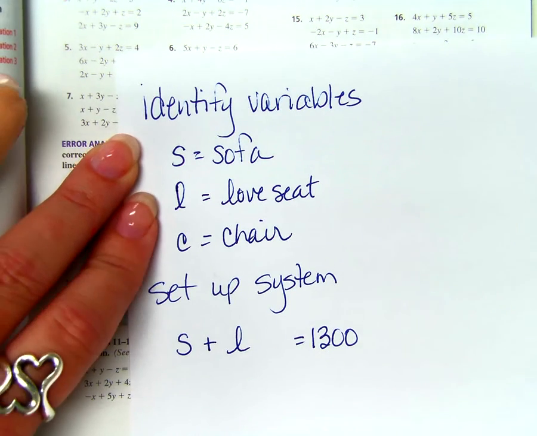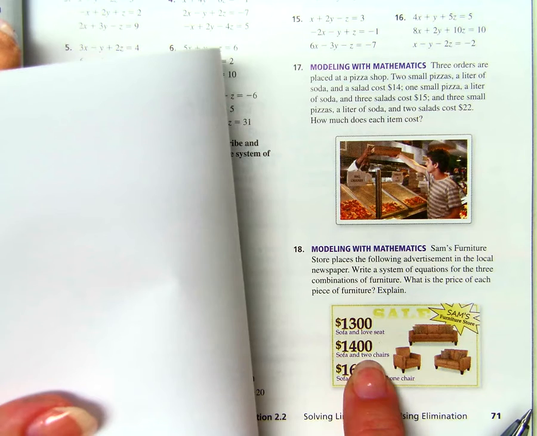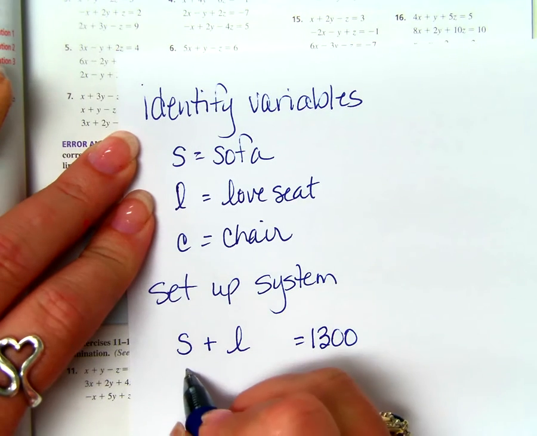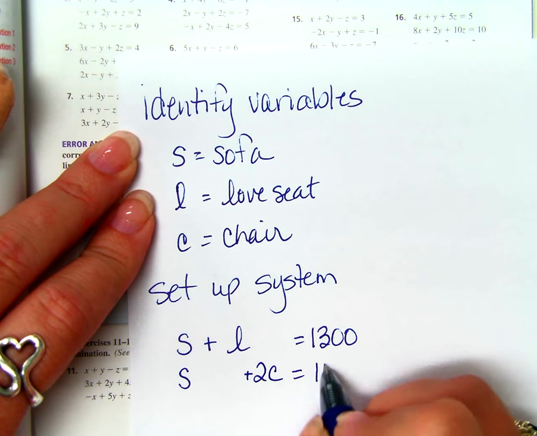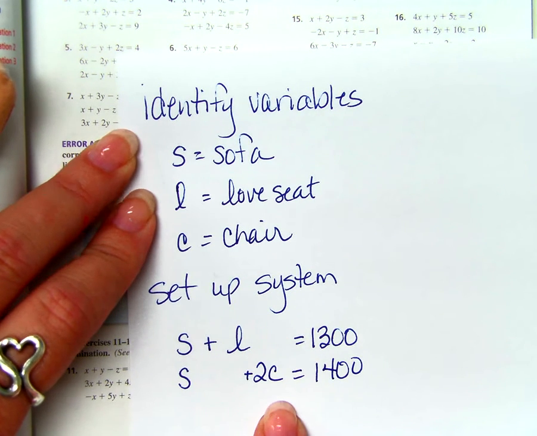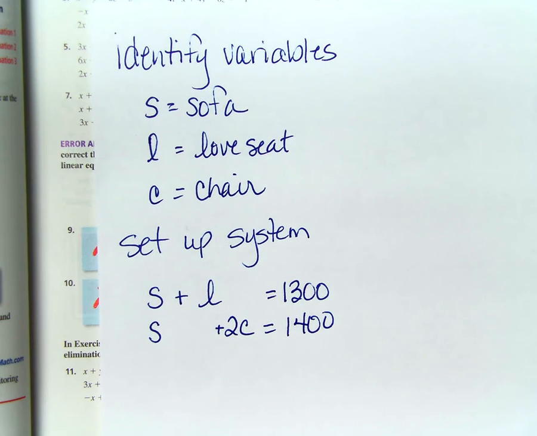Then we have sofa and 2 chairs is $1,400. So a sofa and 2 chairs is $1,400. Now, do you see I'm trying to line up my variables right here? Is that important? Remember how we talked yesterday about it had to be X, Y, Z, equal sign, and then the constant all lined up?